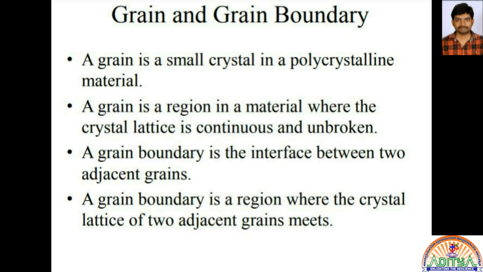Okay, that is the main beauty of a copper material. Coming to the grain importance, these are most important in understanding the properties of materials such as their strength, ductility and electrical conductivity.